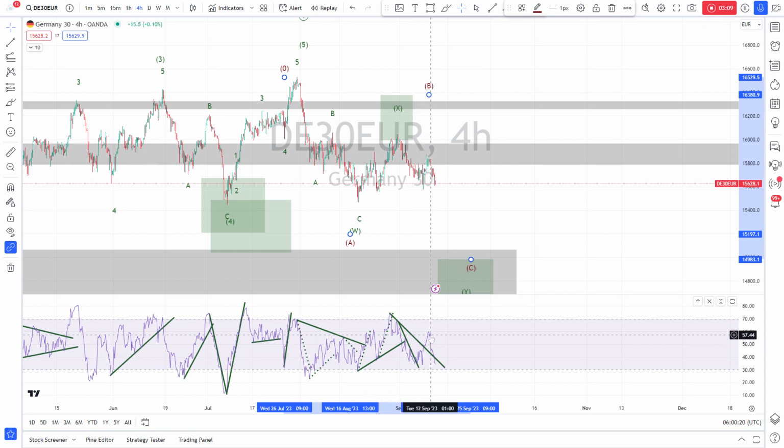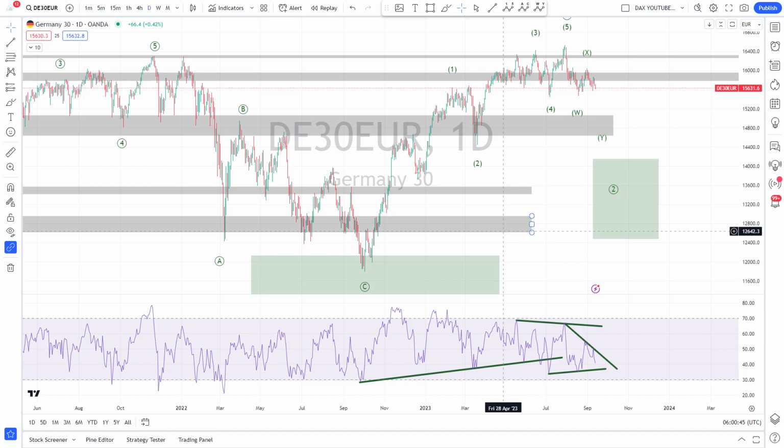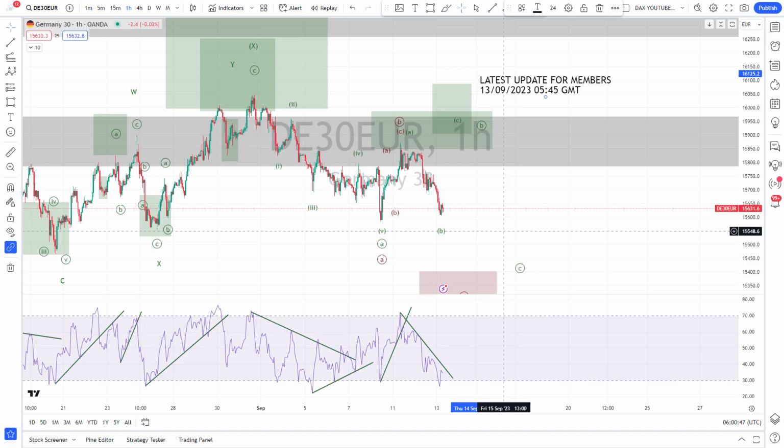So we broke this RSI trend line, but now we do not really have a clear cycle here, a clear channel on our RSI. So it's a bit hard to say where we will go from here.